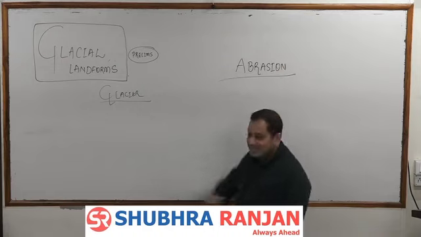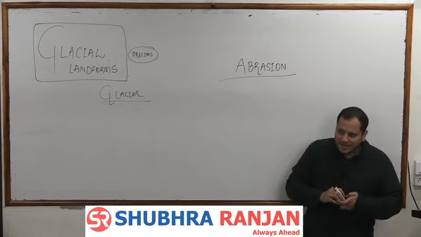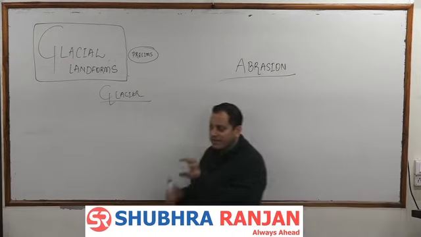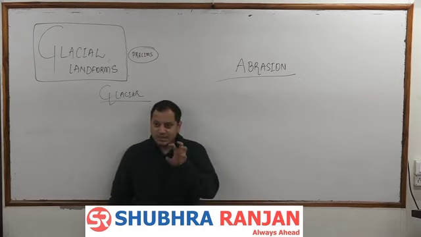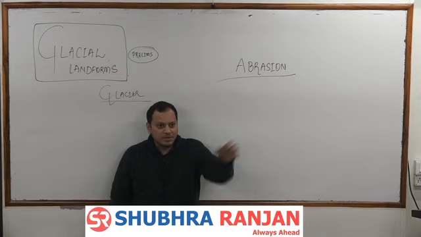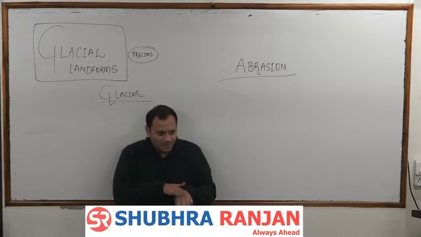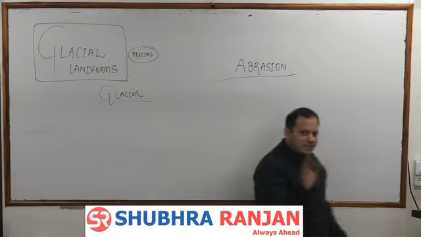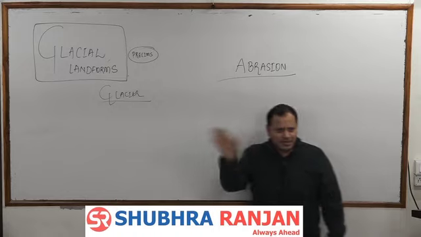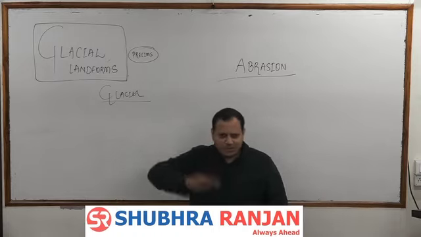Abrasion means scratching the surface of the earth, and hence one indicator of any glaciated landform is the scratched surface of the earth. For example, you take any sandpaper, any rough paper, and rub it on your skin, scratches will come. The same thing will happen. Sandpaper, for example, is used at the time of painting, when you scratch the walls.